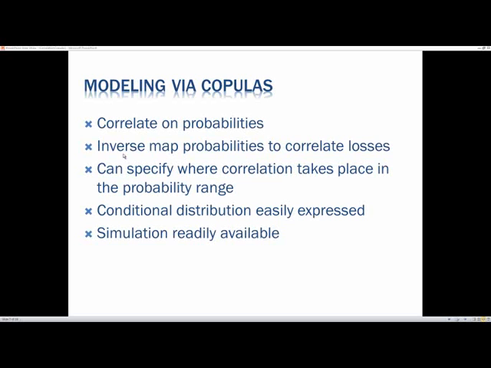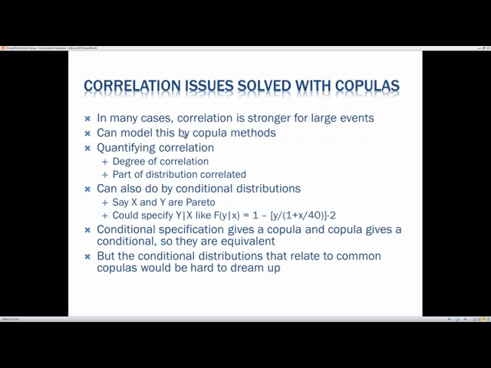And conditional distributions are easy to express, and as we've seen with ModelRisk, simulation is readily available. Some of those previous points, more specifically: if you take into account that correlation is stronger for larger events, this is something you can deal with using copulas.